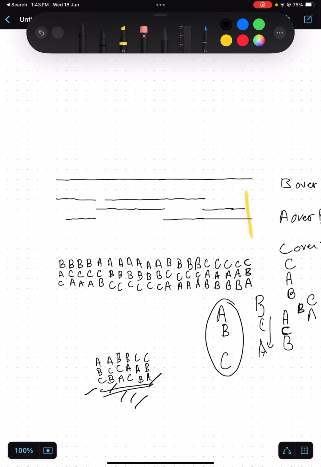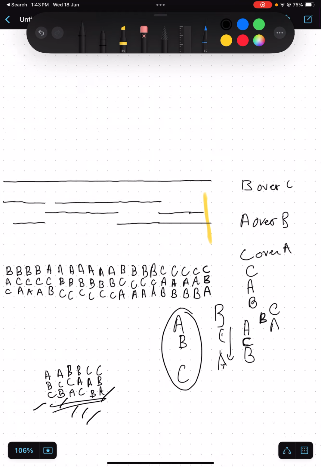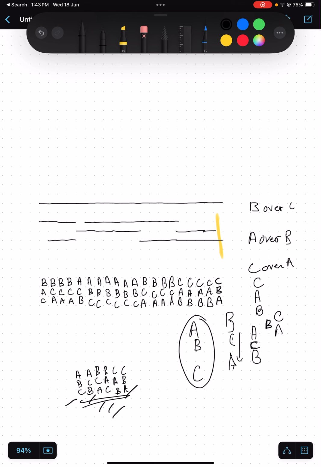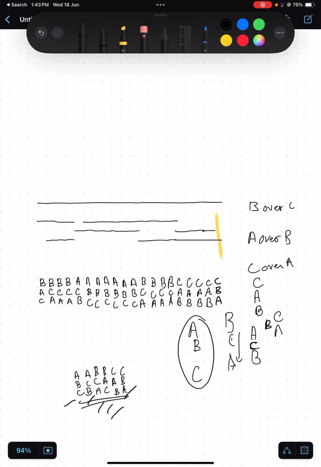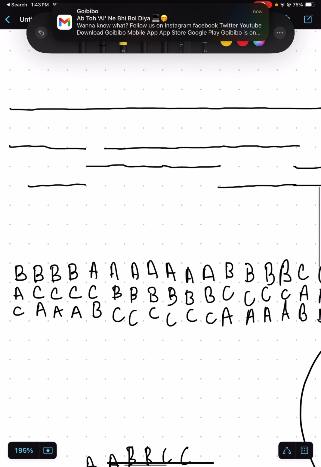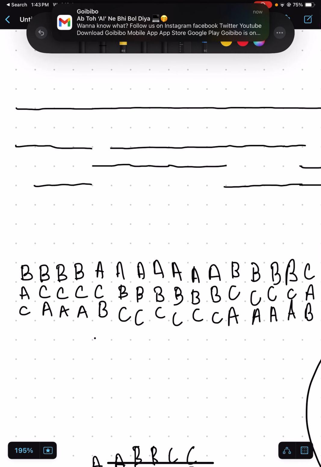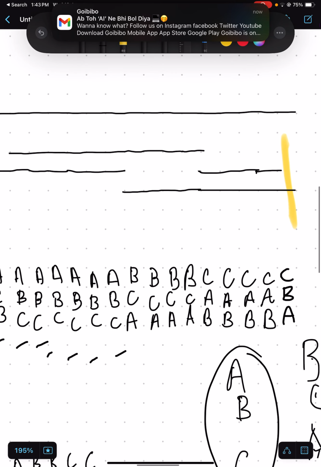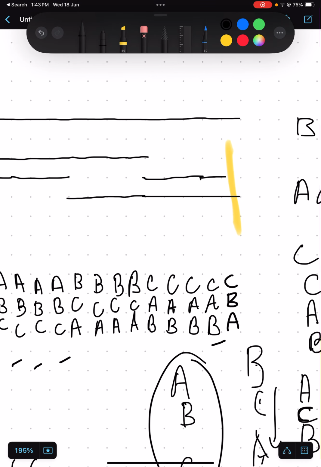Do we have 11 cases where A is over B? Let's see that A is over B 11 times. 1, 2, 3, 4, 5, 6, 7, 8, 9, 10, 11. That's it.